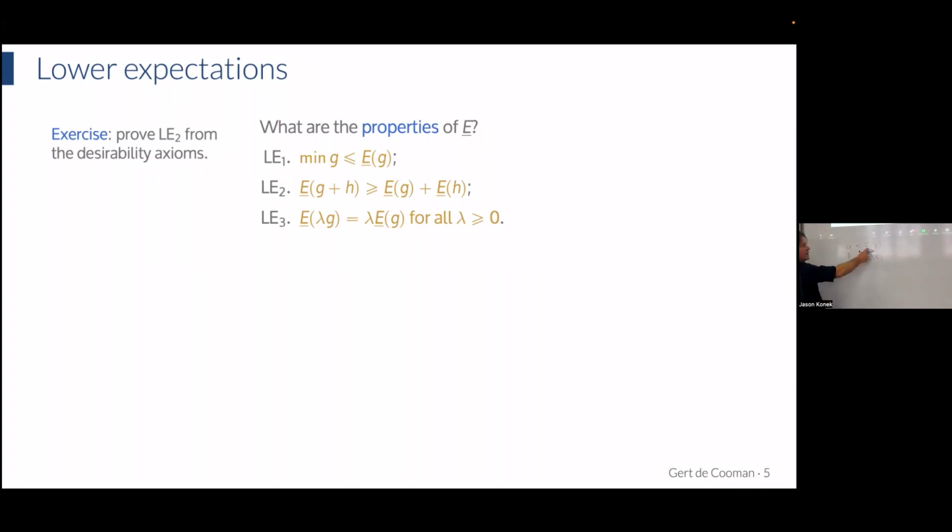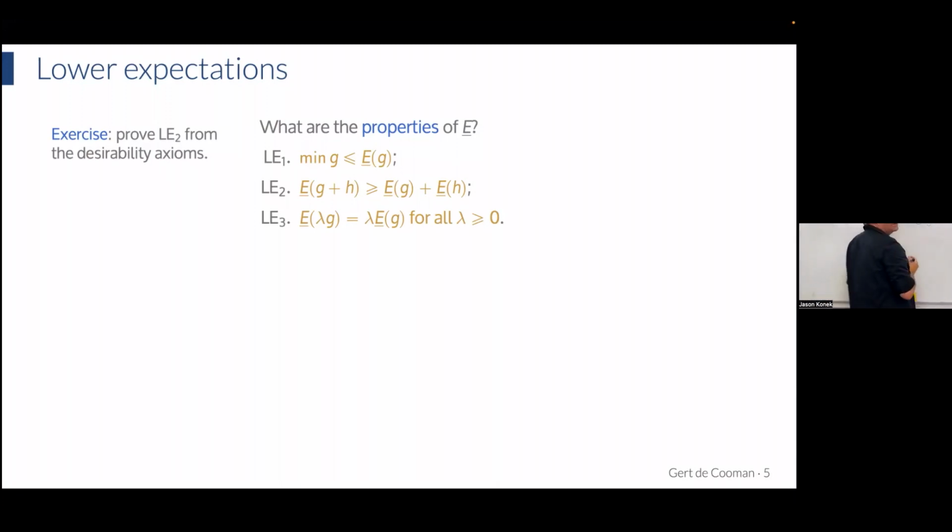Since this is the supremum of all the alpha for which G minus alpha is desirable, this means that since it's a supremum and alpha is smaller than the supremum, G minus alpha is desirable by definition of the supremum. This means that H minus beta is desirable.